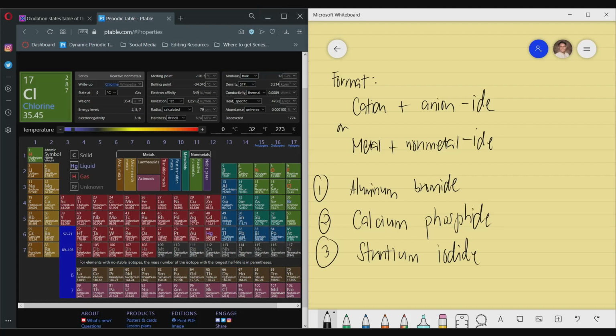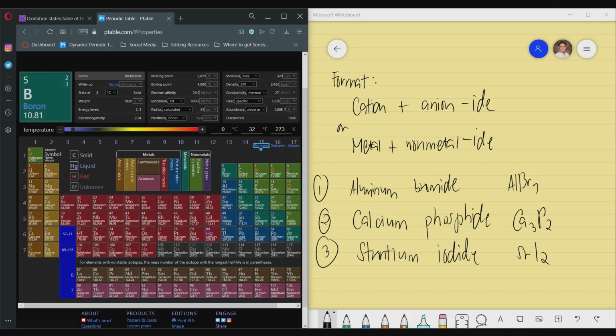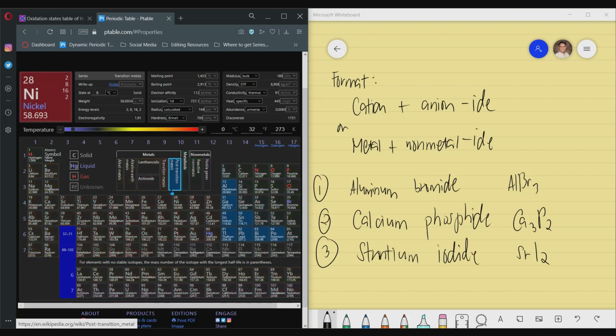Okay? So for the following, you have AlBr3. The name is aluminum bromide. And then calcium phosphide, you have Ca3P2. Strontium iodide, you have SrI2. So a key help for you is to have a periodic table with you so that you would know the name of the particular element looking at their symbol.